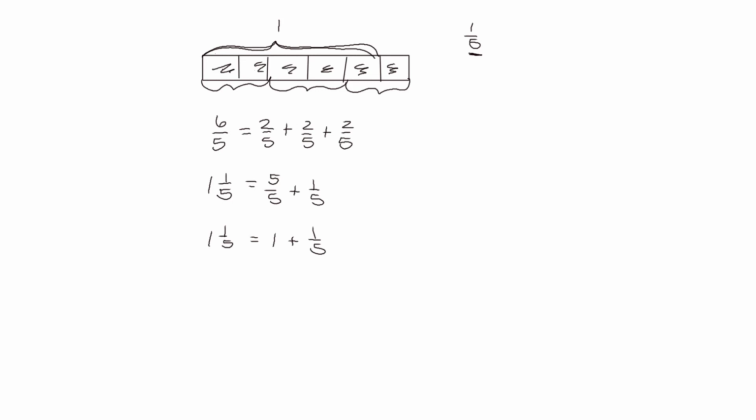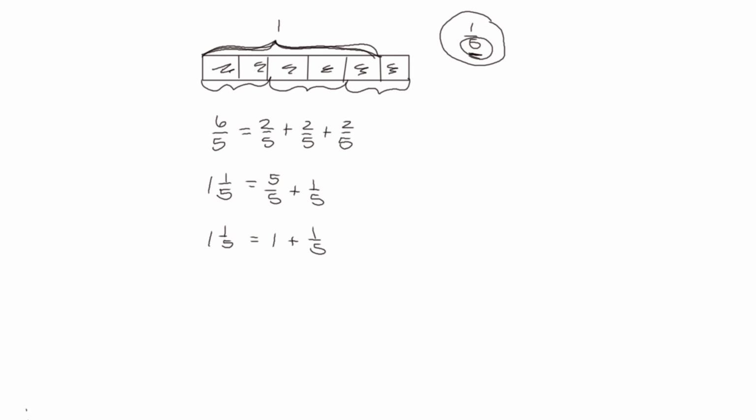So we always have to know how many pieces equals 1 whole, so we can determine what our unit fraction is for writing our number bonds and our number sentences.